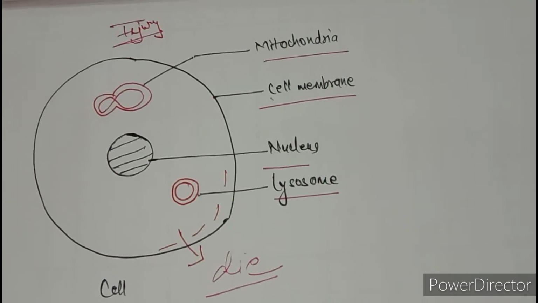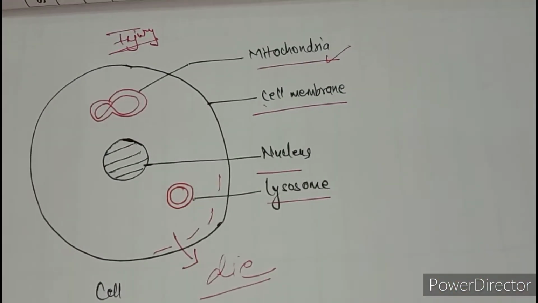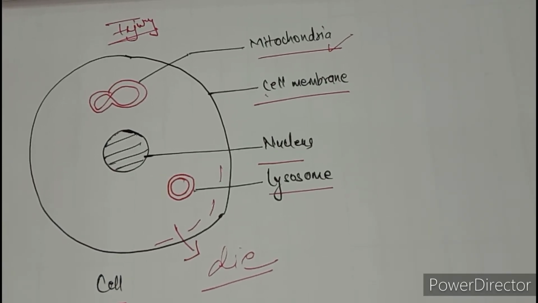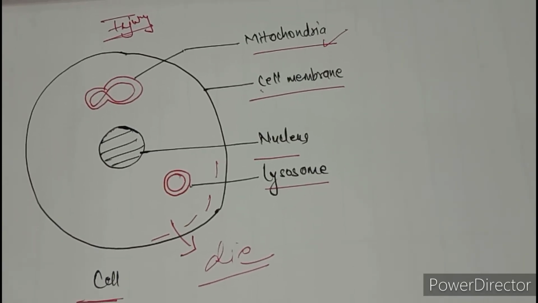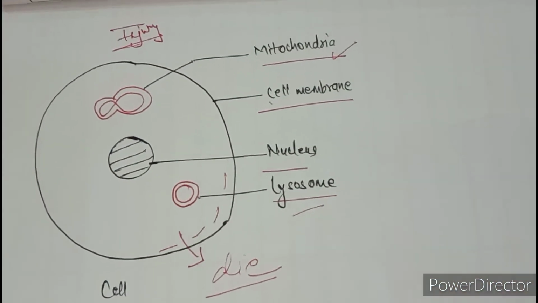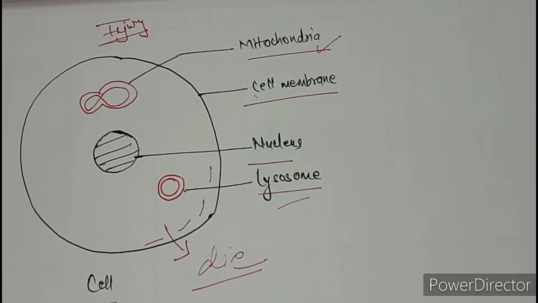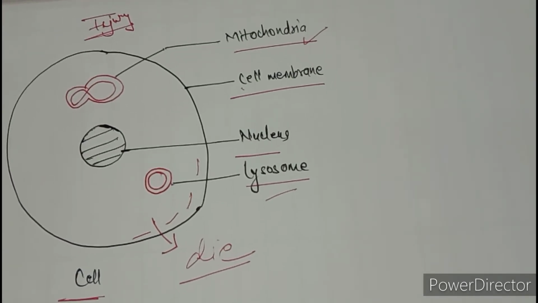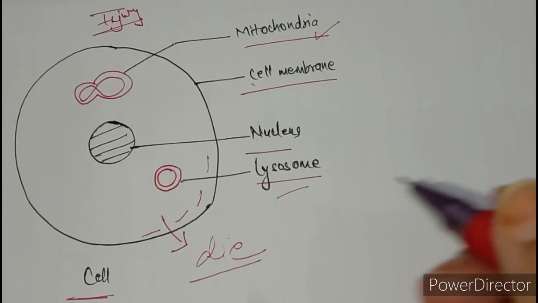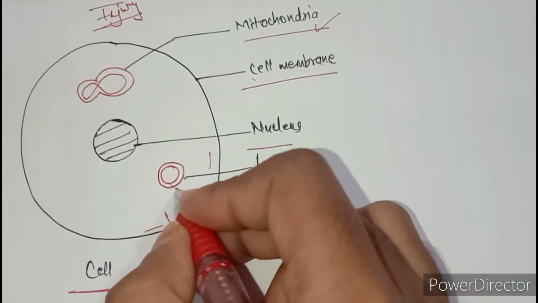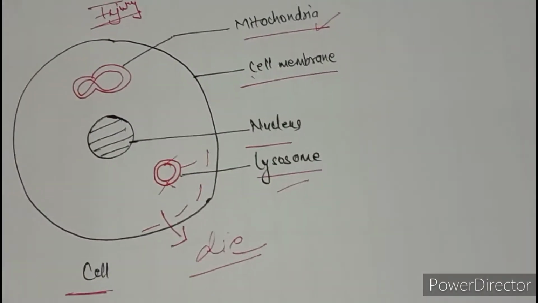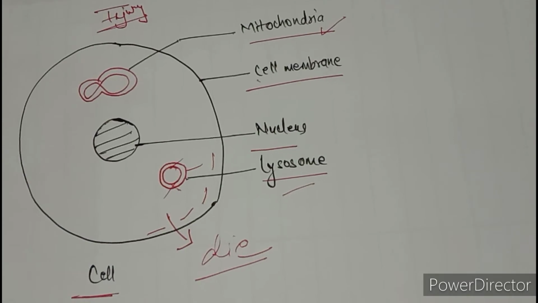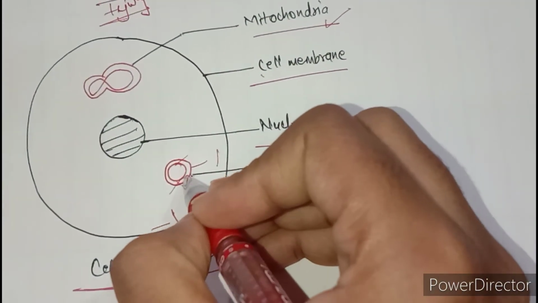We have already discussed the mitochondrial damage earlier in the second mechanism of cellular injury. So the last one is lysosomal membrane damage. Since lysosomes are known as suicidal bags, they normally remain intact. But if they rupture, then there will be a defect in the lysosomal membrane, and holes will be present.